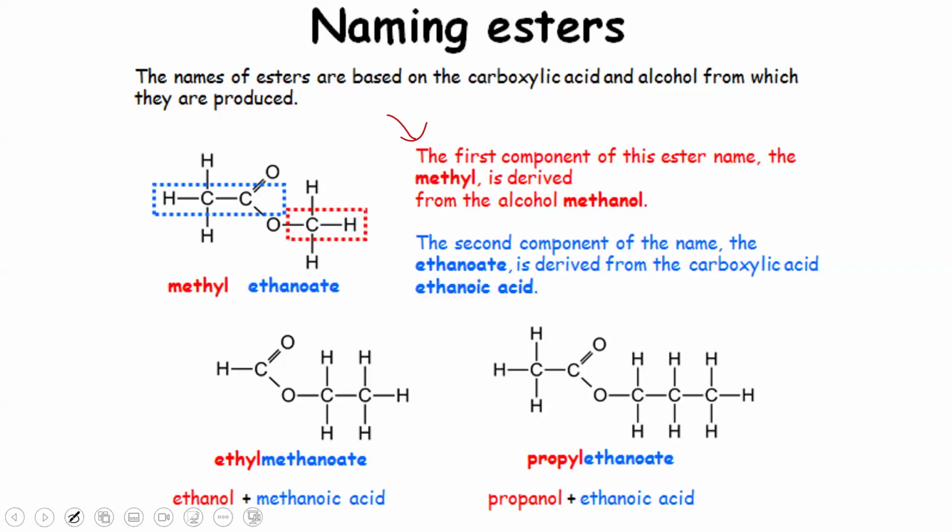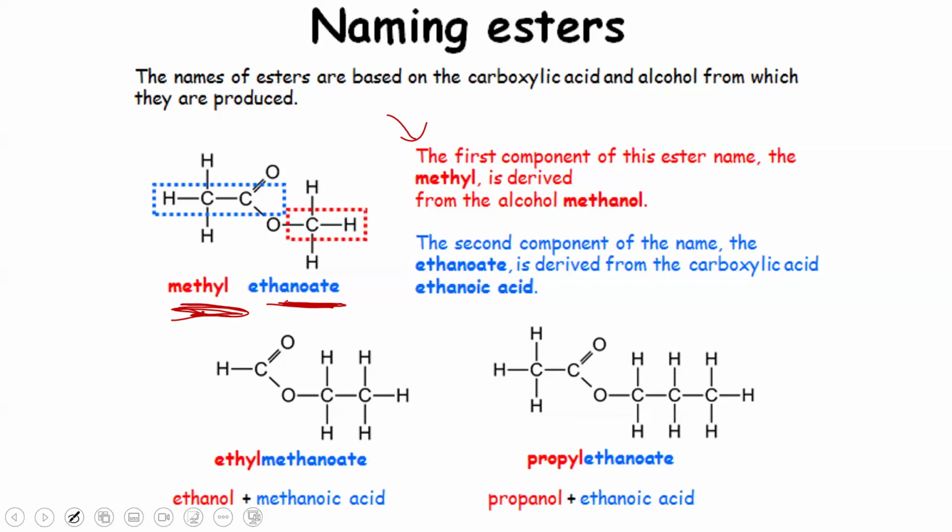Even though I've drawn it with the red on the right, the alcohol is what gives it its first part of a name. The second part is from the carboxylic acid. So whatever the alcohol is is the first part, whatever the carboxylic acid is is the second part.